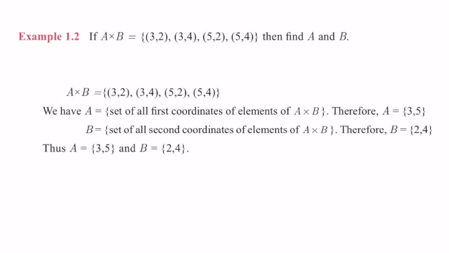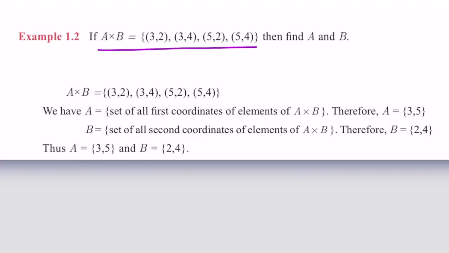Let us solve example 1.2. In this example, A cross B is given as a set of all ordered pairs (3, 2), (3, 4), (5, 2) and (5, 4).